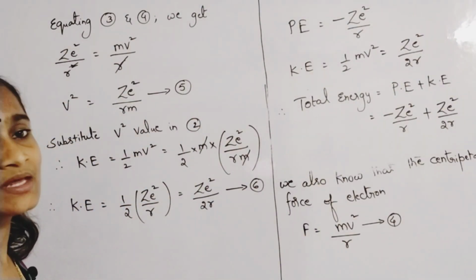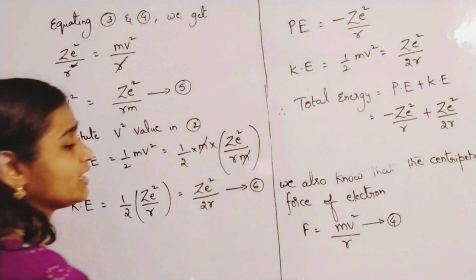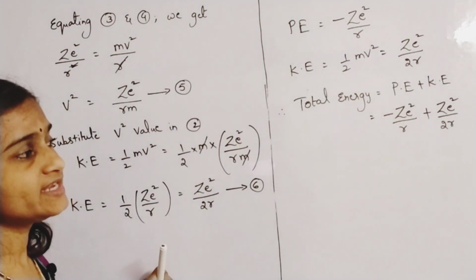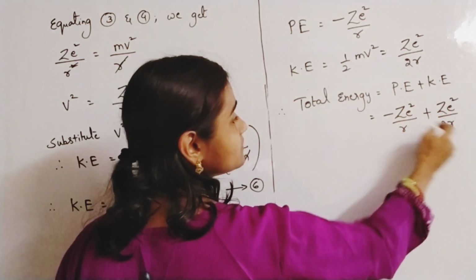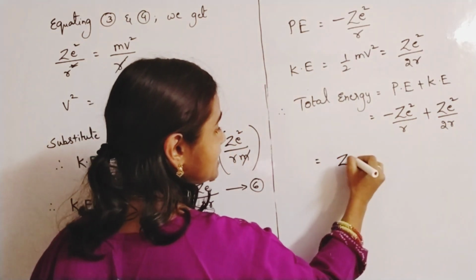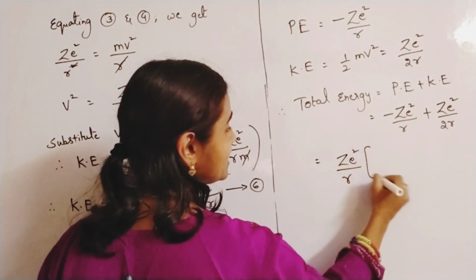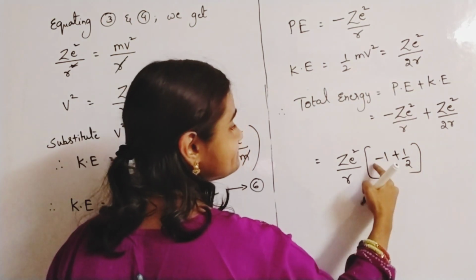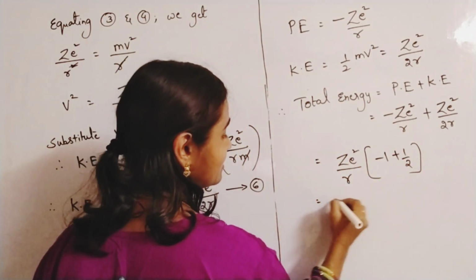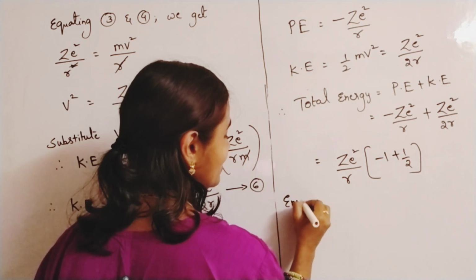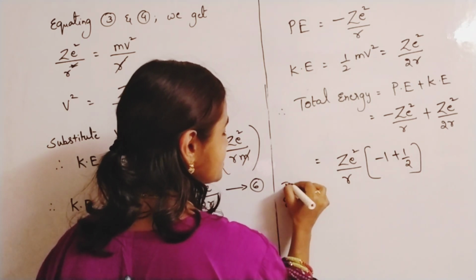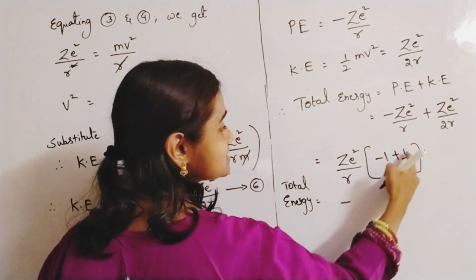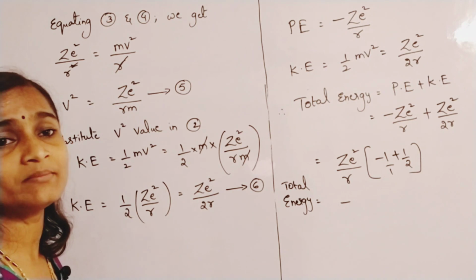In all those expressions, Ze square by r is common. So that is equal to Ze square by r, I am taking it as common, times minus 1 plus 1 by 2, means minus half you will be getting. So total energy of the electron is equal to minus 1 plus half, which will become minus half.